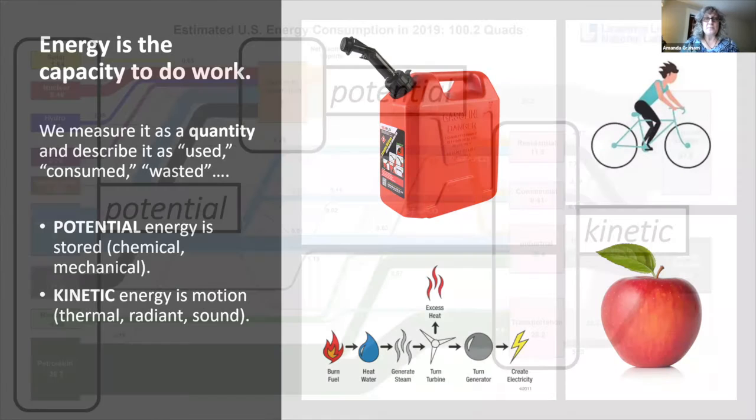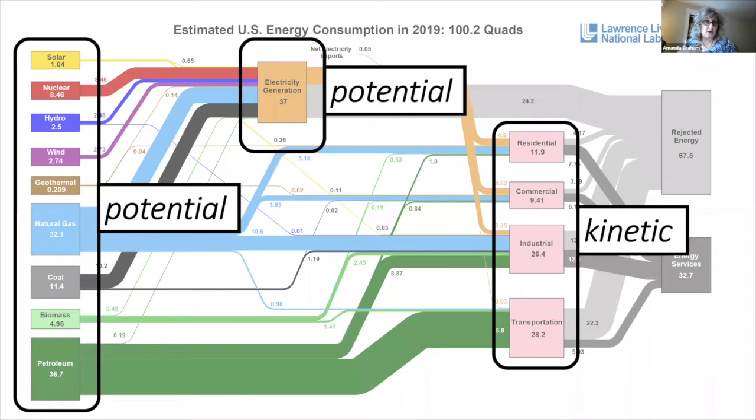And so if we go back to our Sankey diagram, we can see over here on the far left, all of these sources of energy are different potential forms of energy. So the potential energy in the sun, the potential energy in the wind, the potential energy in our unit of natural gas or coal or petroleum.